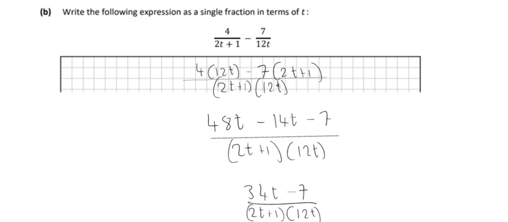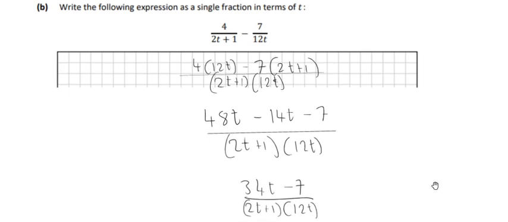And that's all I think I can really do with it. There's no real way of factorizing from there, so we've given it as a single fraction in terms of t.